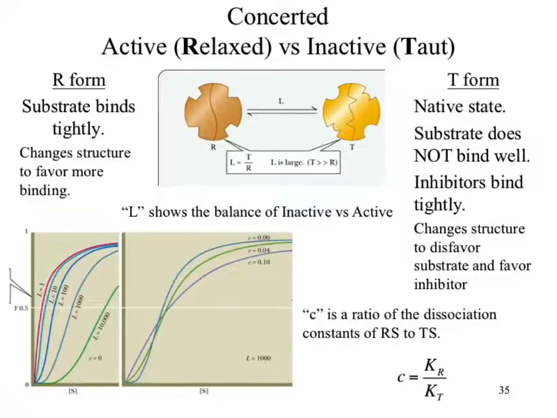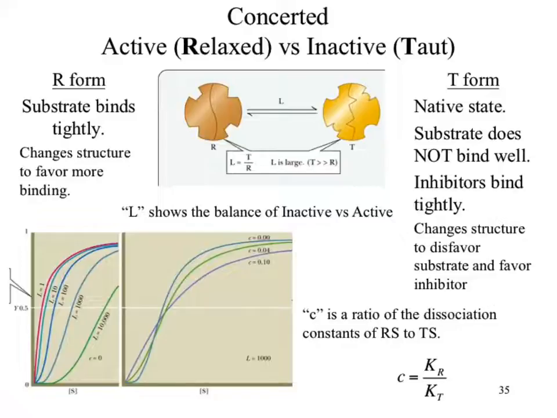So our normal enzyme kinetics, the relaxed form, is what we have. The substrate binds. It doesn't change to prevent or it doesn't change to increase affinity. So we only have the relaxed form, which means L effectively becomes 0. We'd only have the relaxed form, we'd be at exactly a hyperbolic curve.